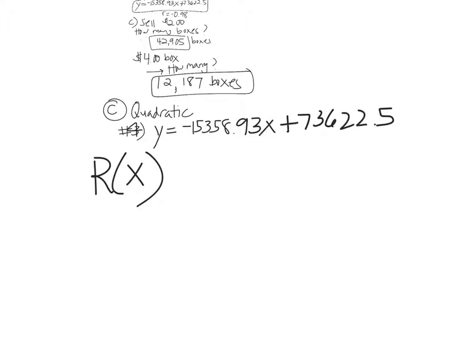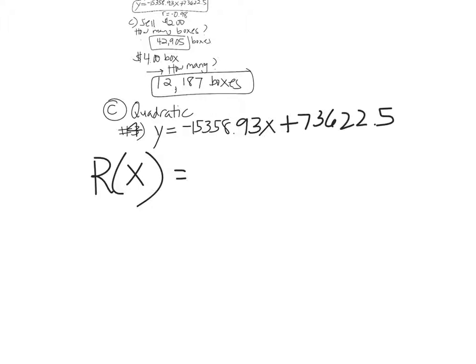Then if you raise the prices too much, not that many people are buying them anymore, are you making a lot of money there? No, probably not. We have to find kind of the middle ground of where we're going to make the most money and what price we want to sell the boxes at. That the most amount of people are going to buy for the most amount of money that they'll buy it at, okay?